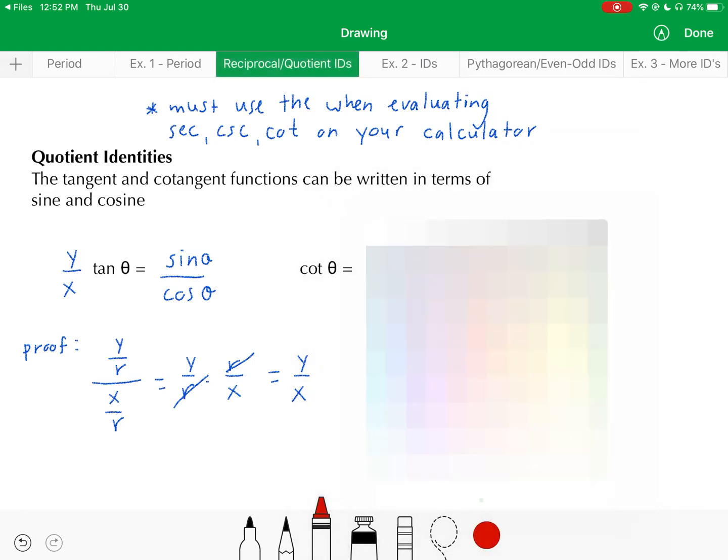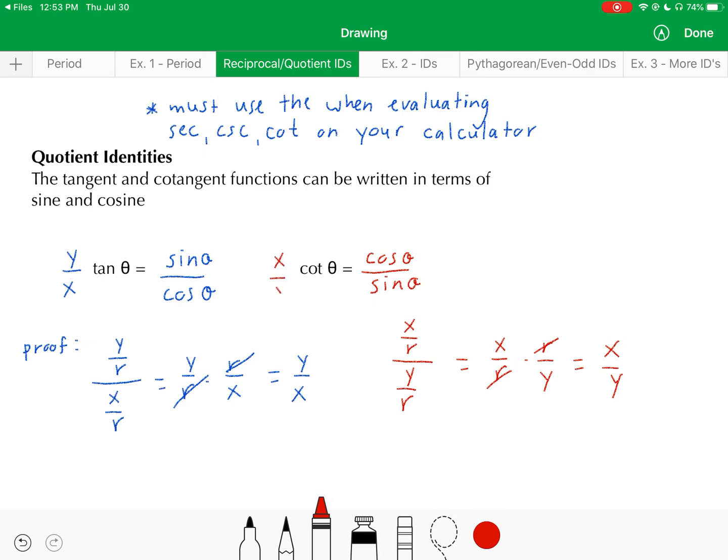Now cotangent of theta, its quotient identity says that it's equal to cosine of theta over sine of theta. Okay, and the proof of that would be very similar. Cosine of theta is equal to x over r. Sine of theta, y over r. It's equivalent to x over r times r over y. The r's reduce away, and you're left with x over y, which is what we know cotangent to be defined as.